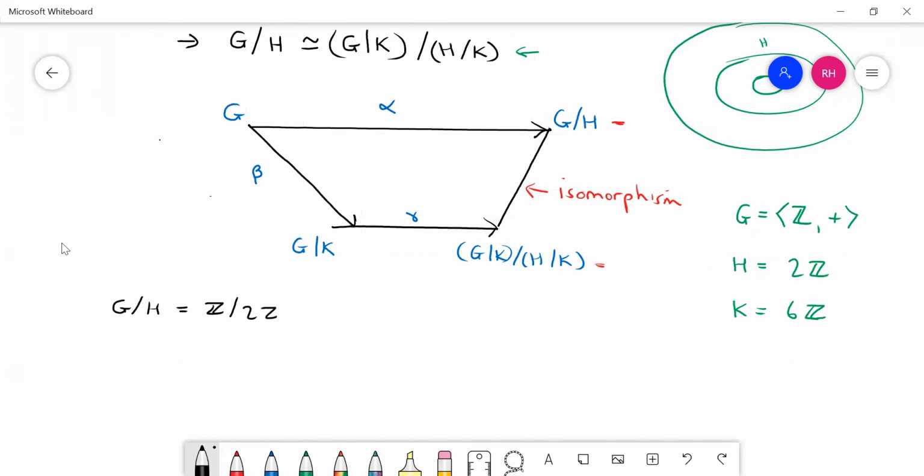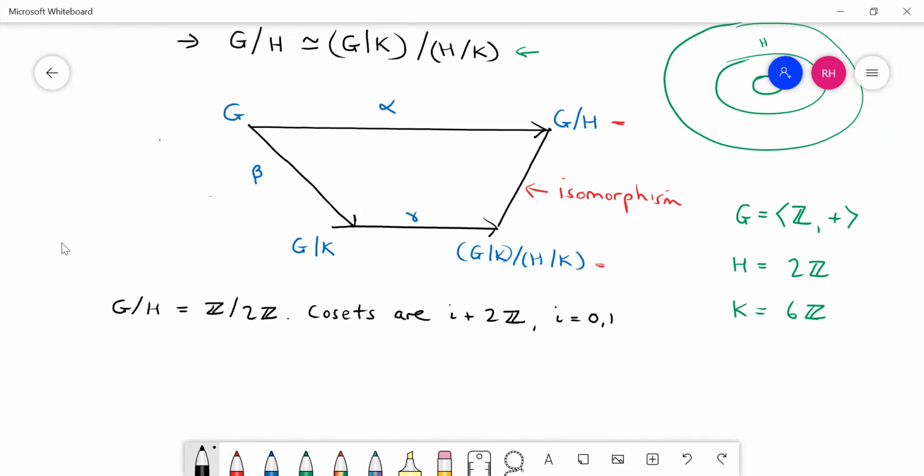Okay, so the best way for this theorem to think about it is what are the cosets or equivalence classes? The cosets we could express as I plus 2Z, where I is equal to 0 and 1.